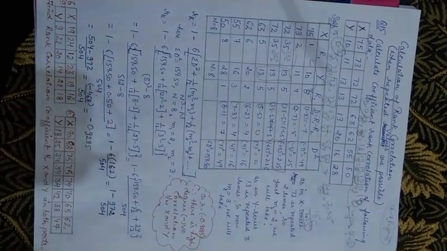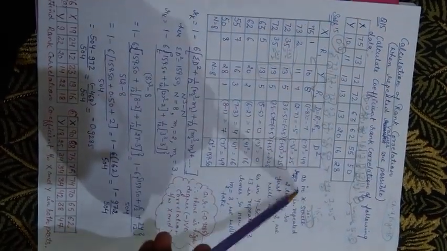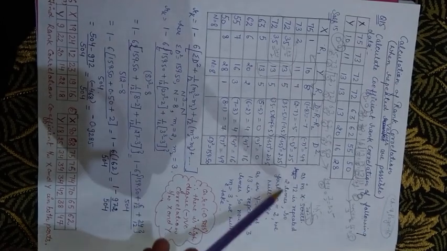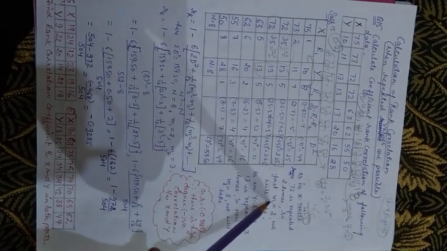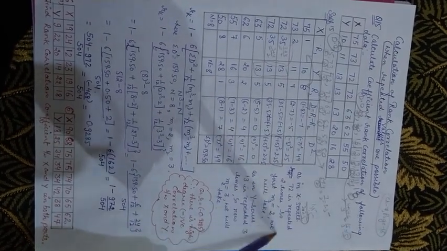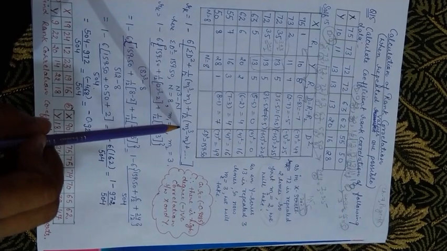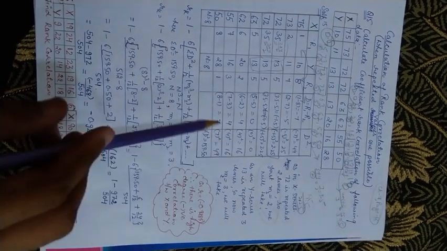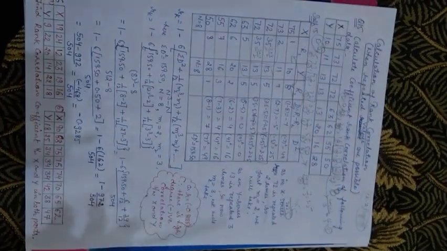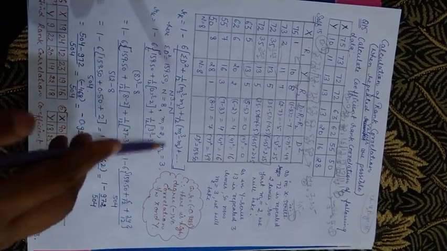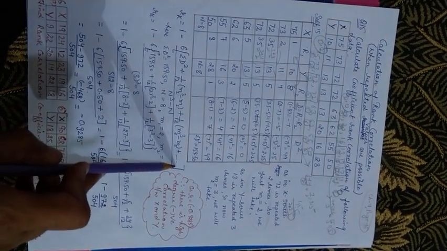Now, here also I have written, as in the X series 72 is repeated 2 times. So first M1 we will take as 2. Because in this formula we have M1 and M2. And if we have any other value which is repeated, then we can use M3 also, and so on.